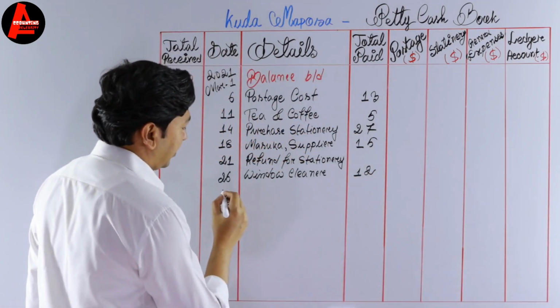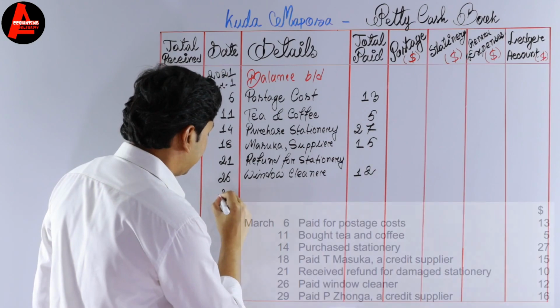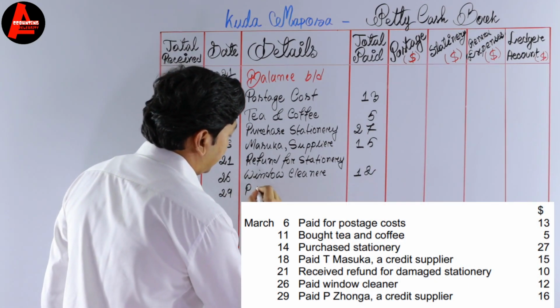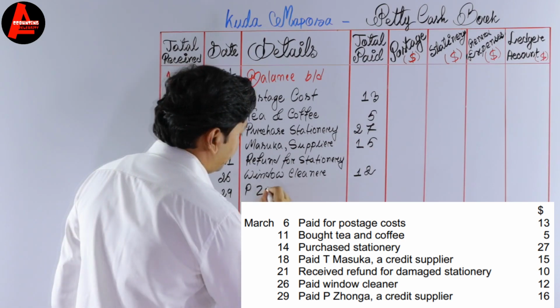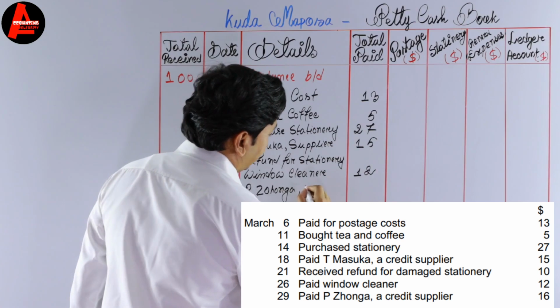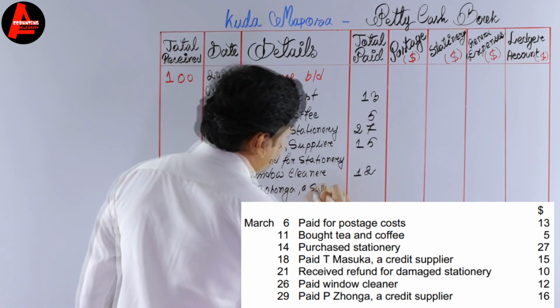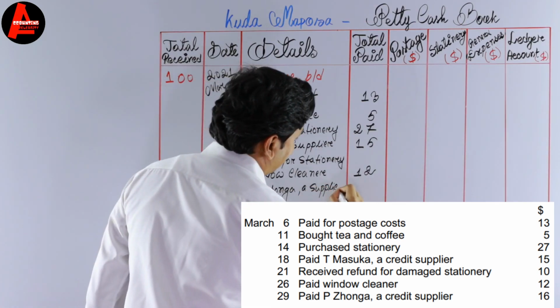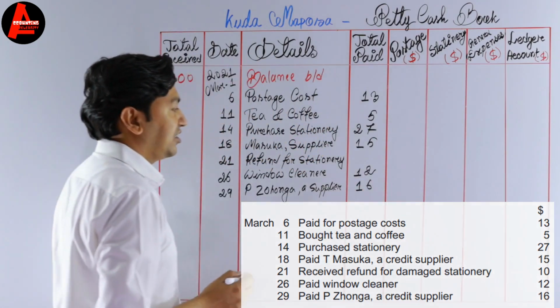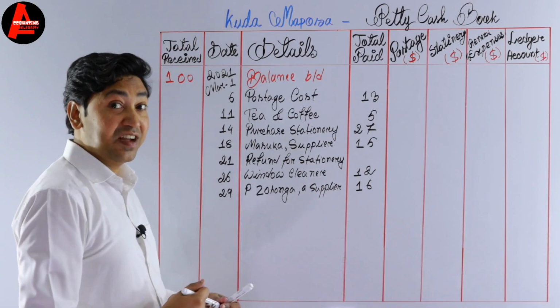And the last one is March 29, a credit supplier, so let us write here P Zhonga. It is a supplier, $16. So here we recorded all the transactions.